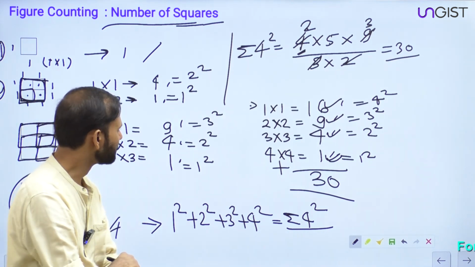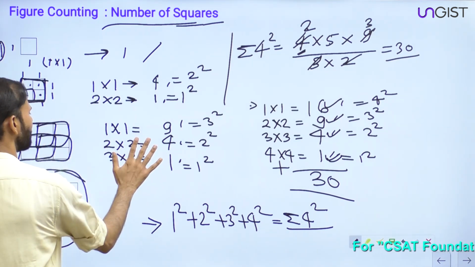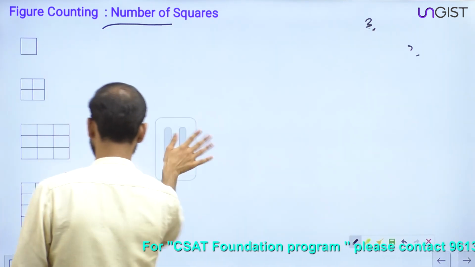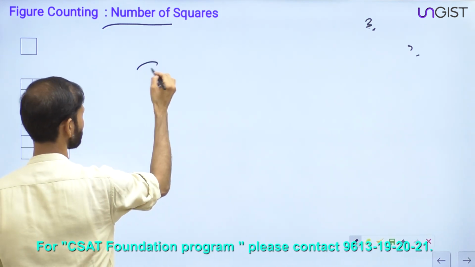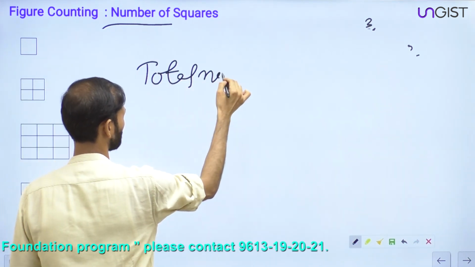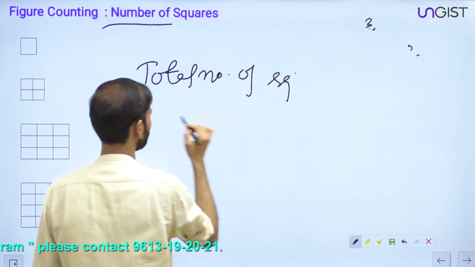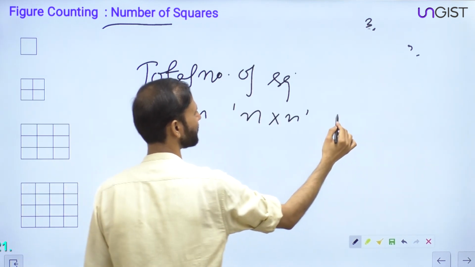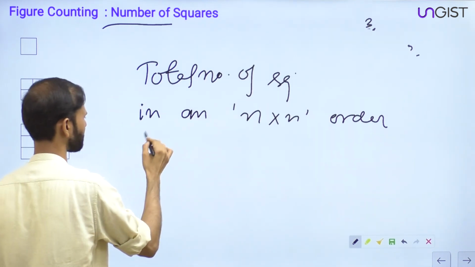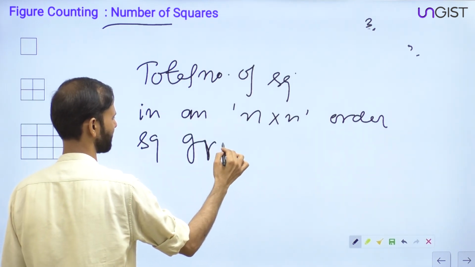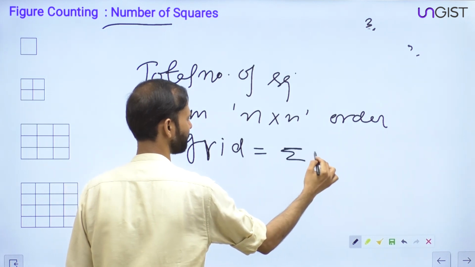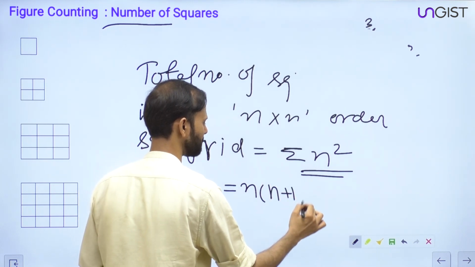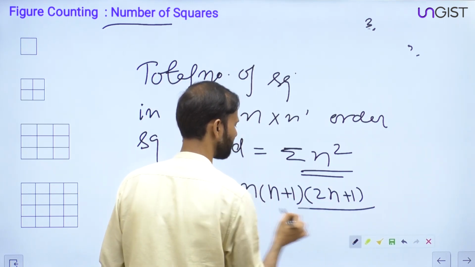Please write down this concept. Total number of squares in an n by n order square grid is equal to sigma of n square, and sigma n square is n plus 1, 2n plus 1 divided by 6.